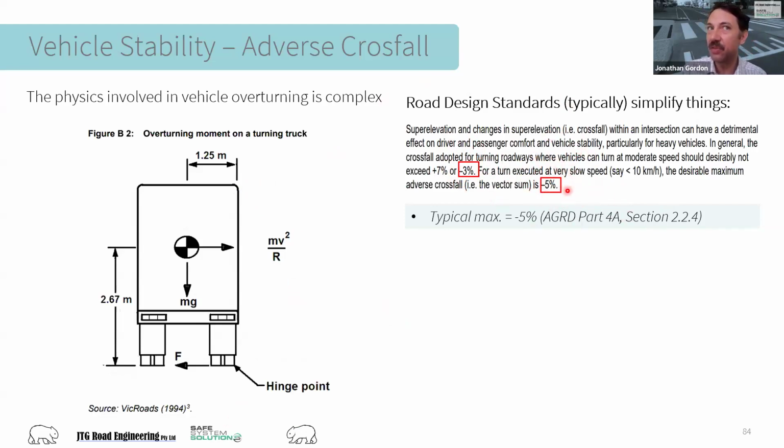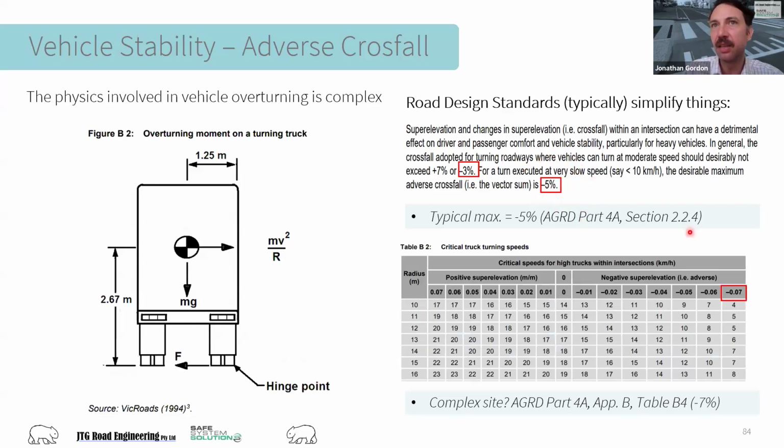But this is hard to achieve in a lot of our rest safety platforms for infrequent heavy vehicle movements. And hidden away in the depths of the appendices of Austroads Guide to Road Design Part 4A is additional guidance on very slow turning movements and additional guidance on steeper adverse crossfall. So they start to discuss things up to 7% crossfall.